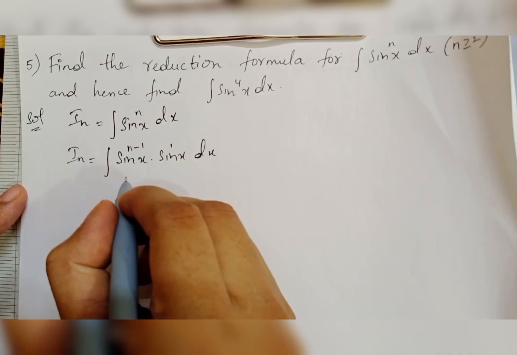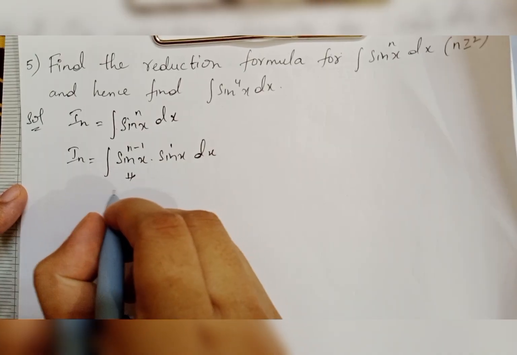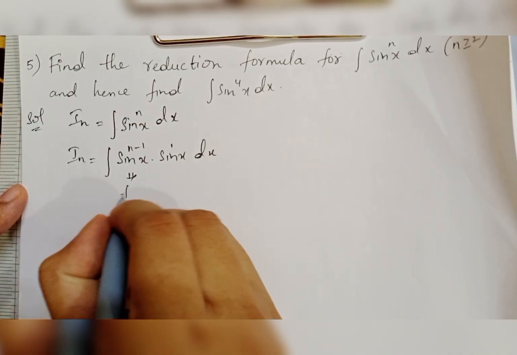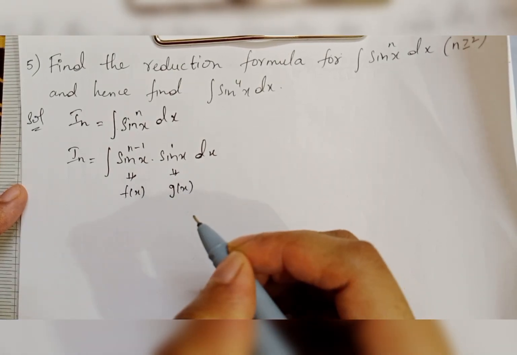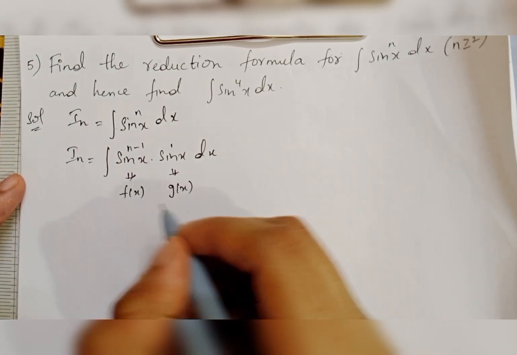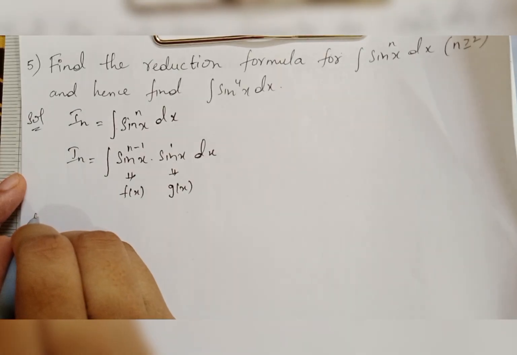Here now we will consider this term as f of x and this term as g of x, using the rule of ILATE, right? Now this is the integration by parts method.